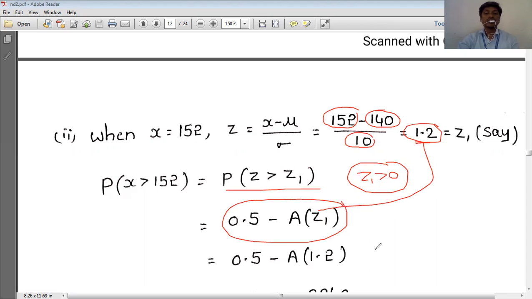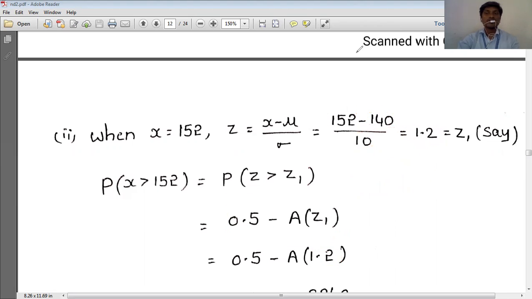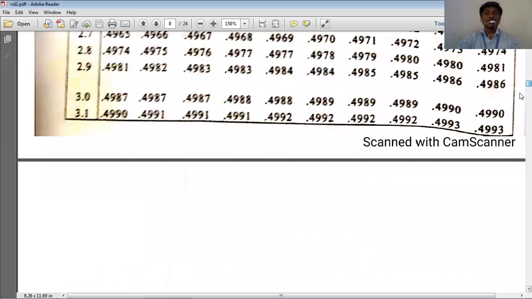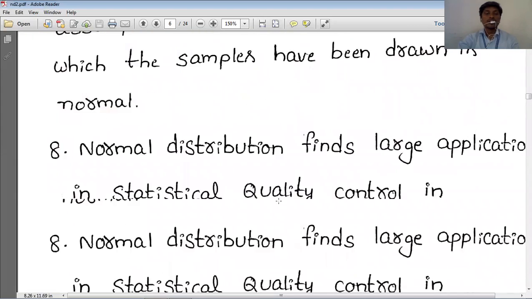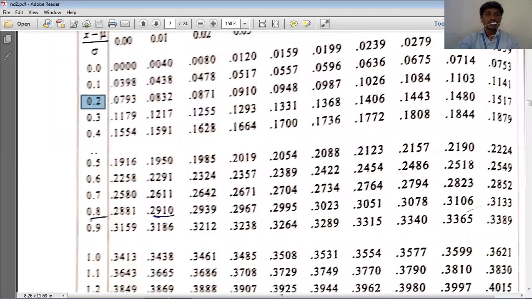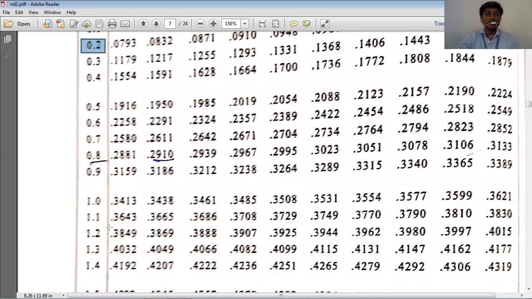So 0.5 minus area of 1.2 means we need the tabular values. The area of 1.2, at 0.00, is 0.3849.